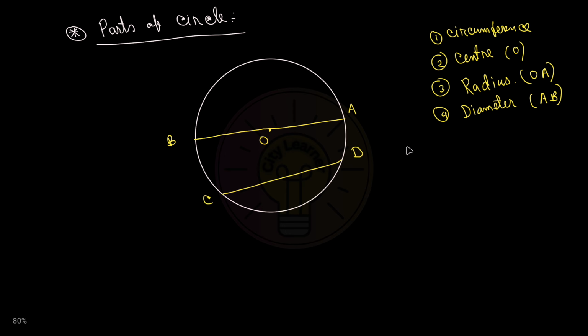If we connect any two points on the circle, CD, this is called a chord. If this chord passes through the center, it will become the diameter. And the diameter is the longest chord of a circle.